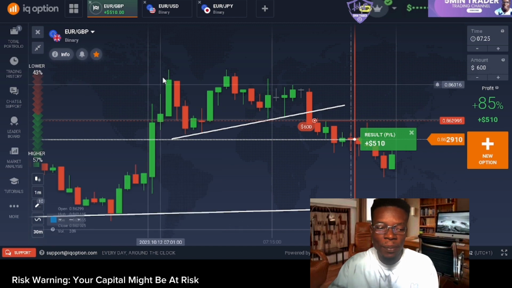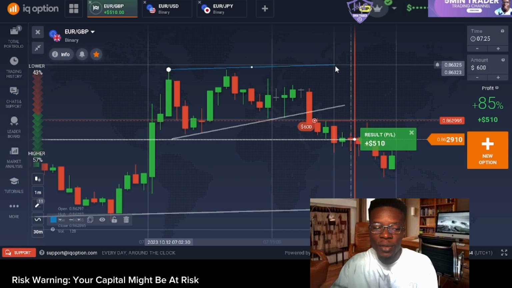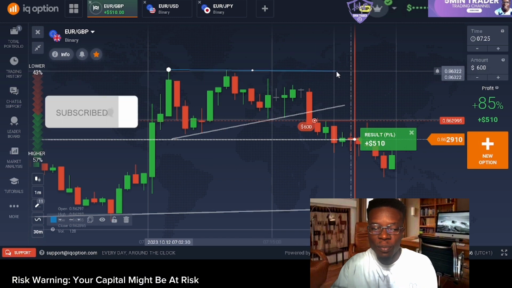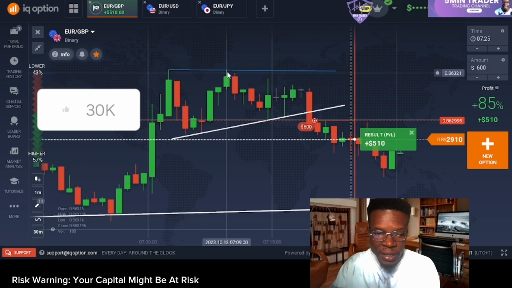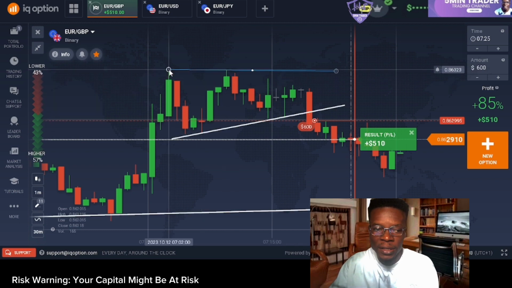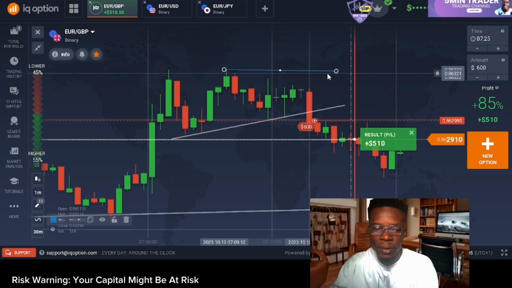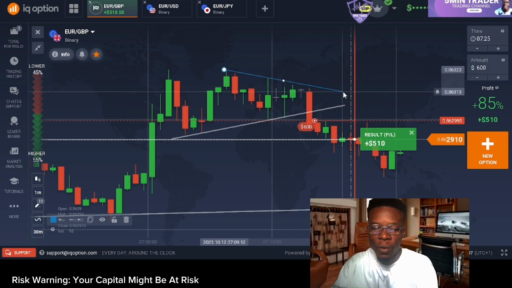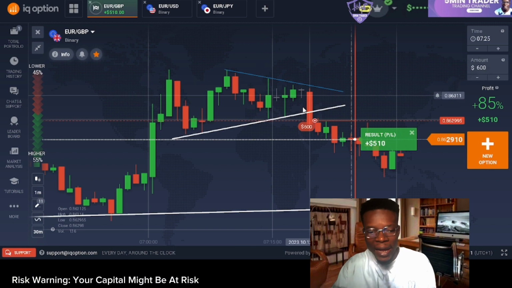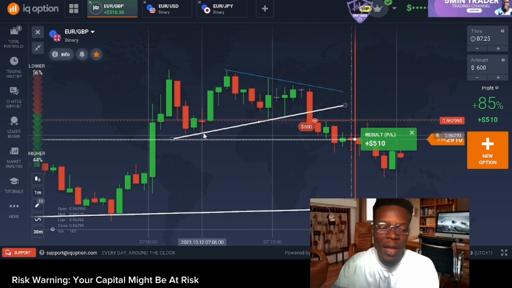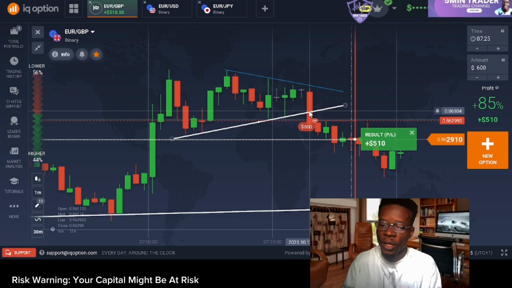If we apply a trend line here, you will see that these highs are not equal. You see what happened here. These are lower highs on the resistance level, and we're having higher lows on the support level. This is a flag formation.